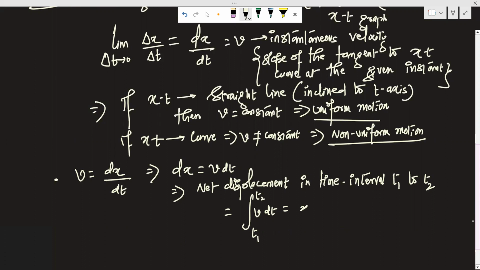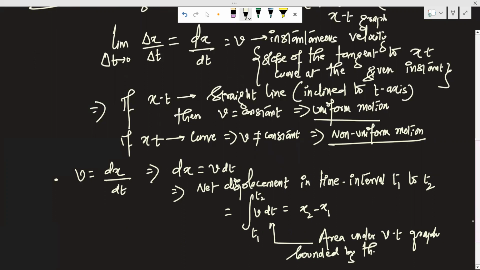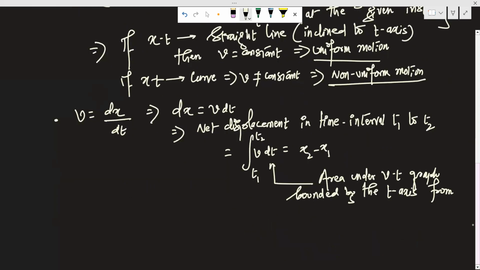That will be our total displacement. And geometrically this is the area under the velocity-time graph bounded by the time axis, from time t1 to time t2. Is that clear? Yes, sir.